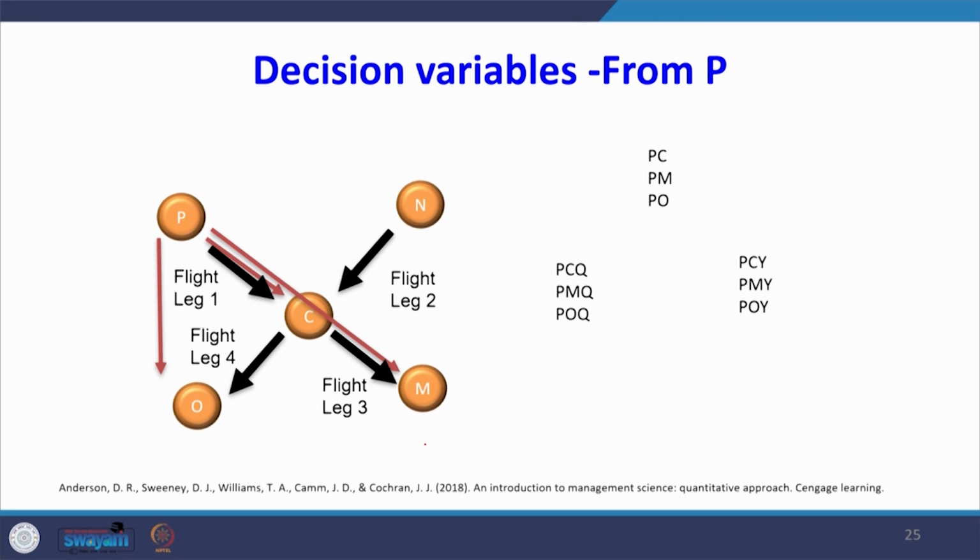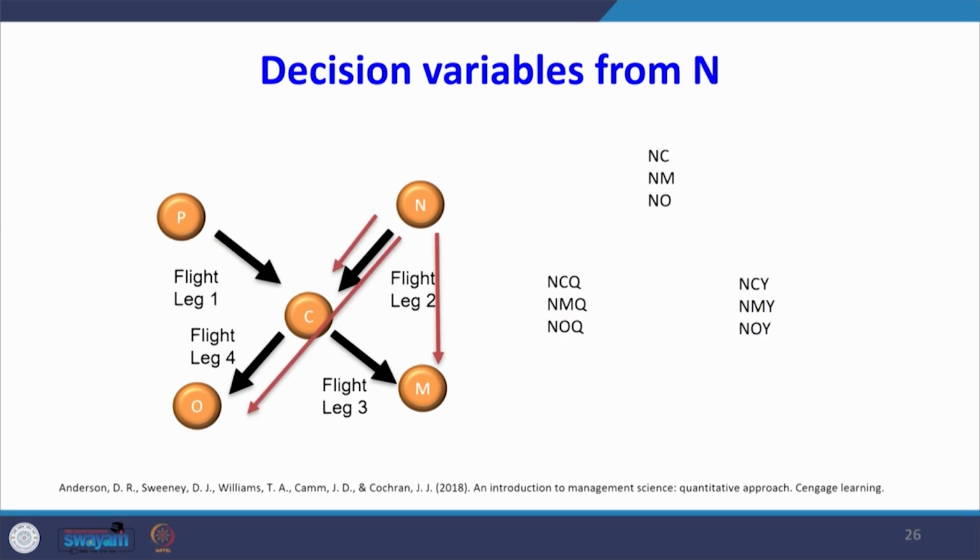Suppose a flight starts from P. Somebody can book PC, PM and PO. There are three types, and in each case there is a Q type ticket and a Y type ticket. So, there are 6 decision variables here.